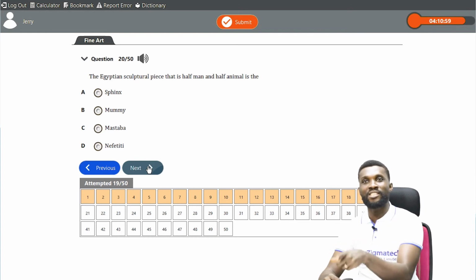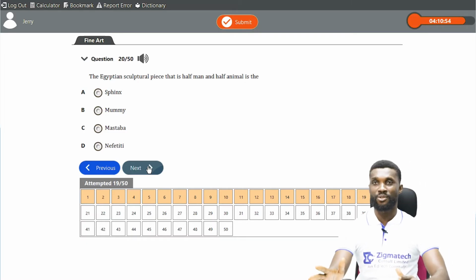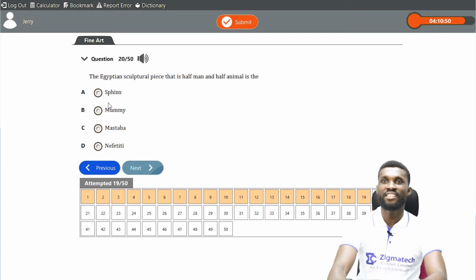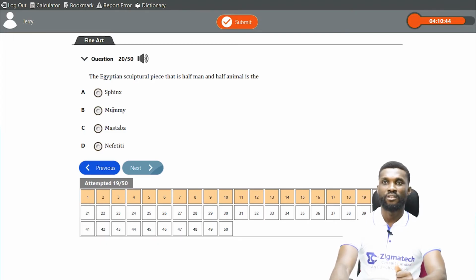The mastaba is another god again, and then the Nefertiti, they are all creatures. They worship them. Why? It is the phoenix that is half human and half animal. Therefore, the answer for this question is A.